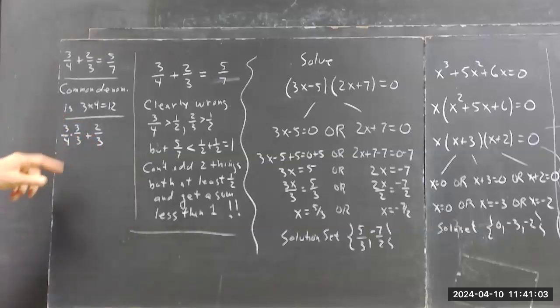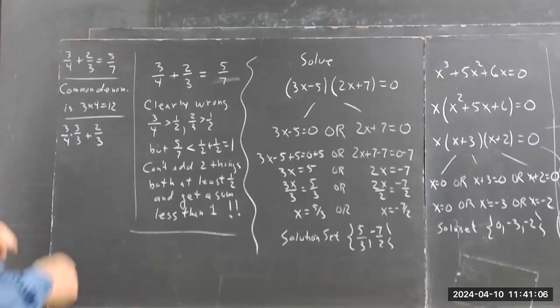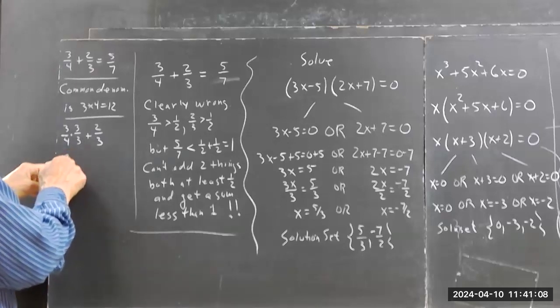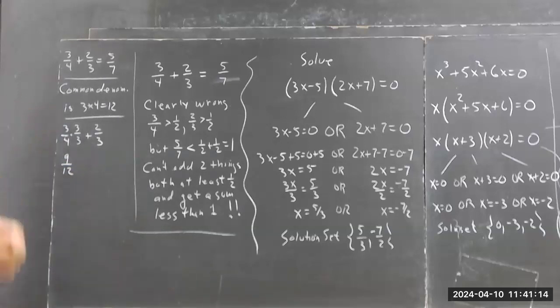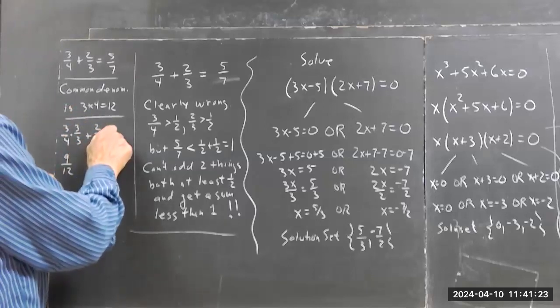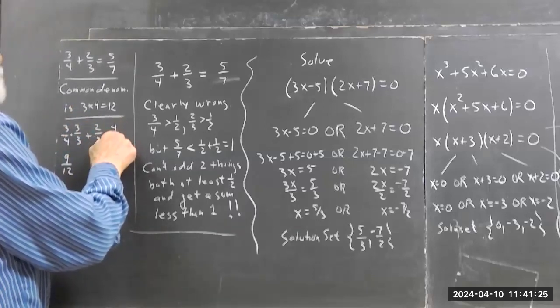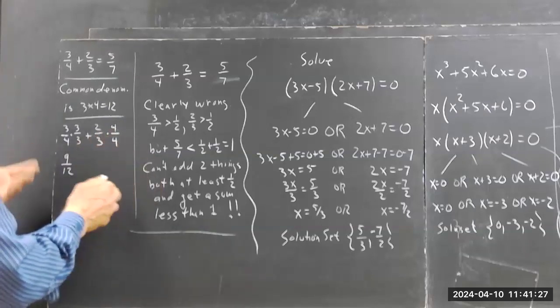I get 9/12. Now, if you divide the 9 and the 12 by 3, you get 3/4, so 9/12 is the same as 3/4. But it's in a form where we're going to be able to add this if you express the 2/3 with the same denominator.